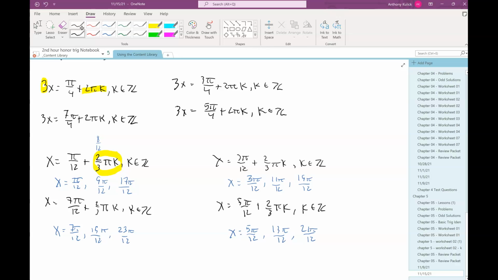Again, if you're looking at your test or your key, you're probably going to have things reduced when possible. Some of this stuff would be reduced, but I'm not going to worry about that right now in the example. You know what I mean? Those fractions can all reduce.